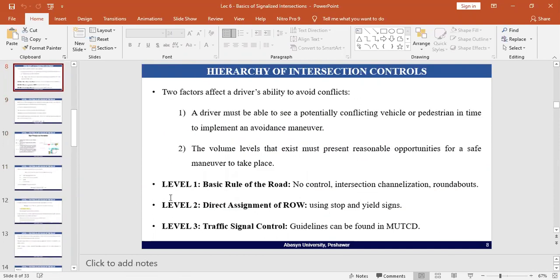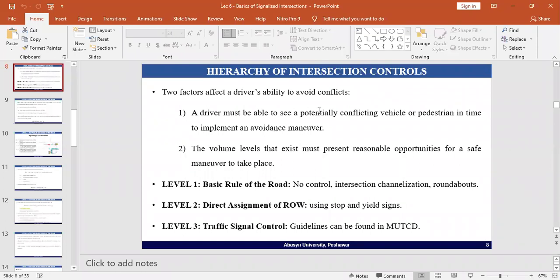Okay, so we studied in our previous lecture hierarchy of intersection controls. So there were 2 points in it. A driver must be able to see a potentially conflicting vehicle or pedestrian in time to implement. The driver must notice a potentially conflicting vehicle or pedestrian, and if he's not stopping, so I must definitely reduce my speed and stop in order to avoid conflict.